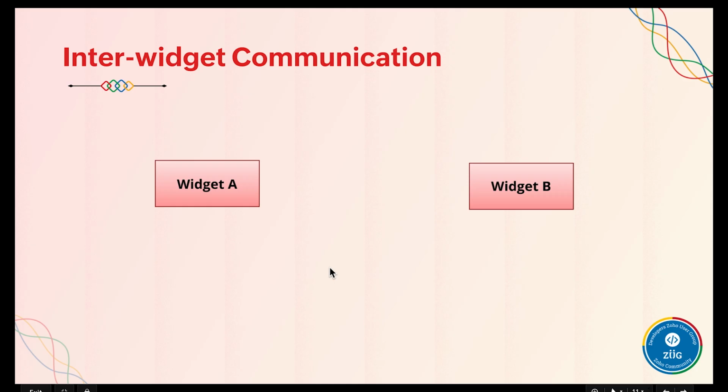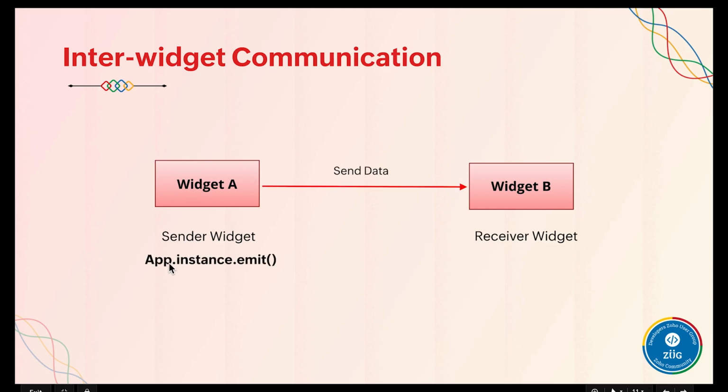So we have two widgets here, widget A and widget B. Each widget is an isolated front-end unit within Zoho Desk. You can think of widget A as the sender widget and widget B as the receiver widget. The sender, widget A, uses the app.instance.emit SDK method to send data to widget B, and the receiver, widget B, uses the SDK method app.instance.on to receive and process data.